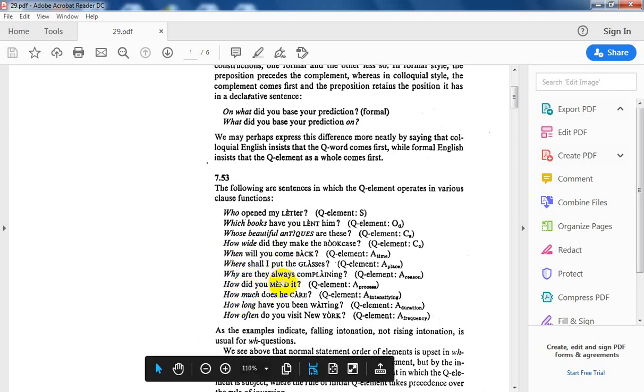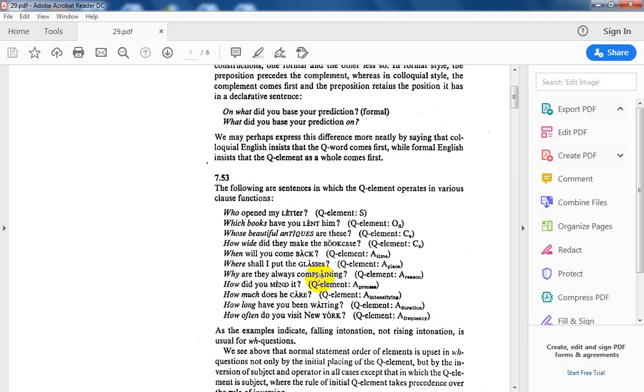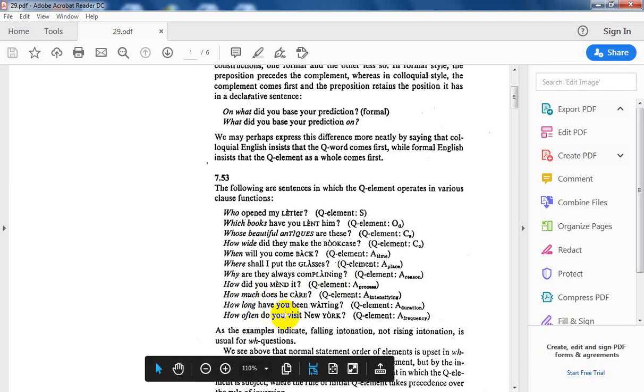Why are they always complaining? It is an adjunct for reason. How is an adjunct for process or manner. How much is an adverb for intensifying. How long have you been waiting? It is for duration. How often is an adjunct for frequency.